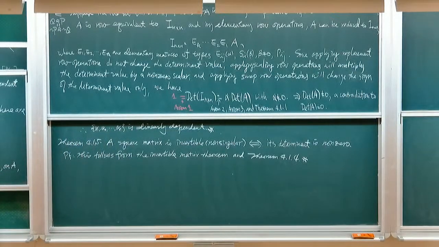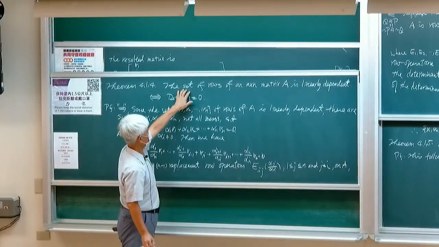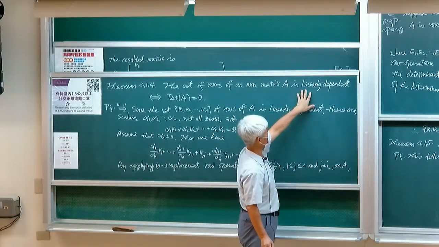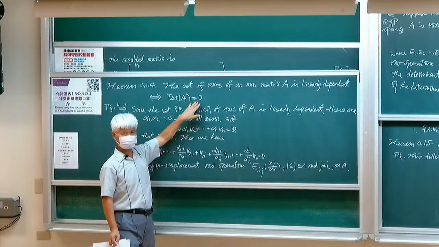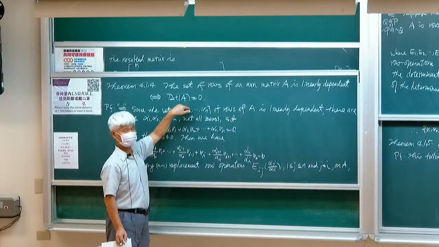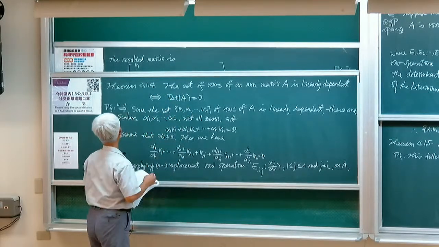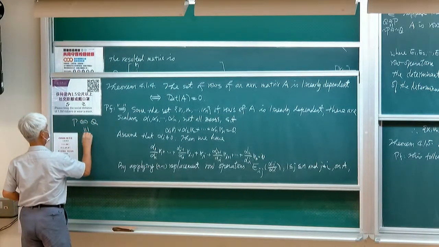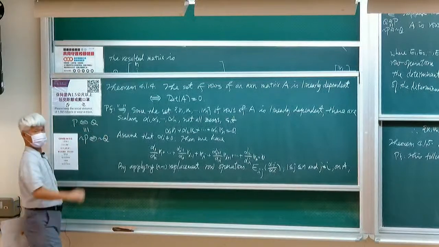Because the contrapositive of this statement is that the set of rows of a square matrix is linearly independent if and only if its determinant is non-zero. Okay, not this is equivalent to not this one, right? Because this is the logic.